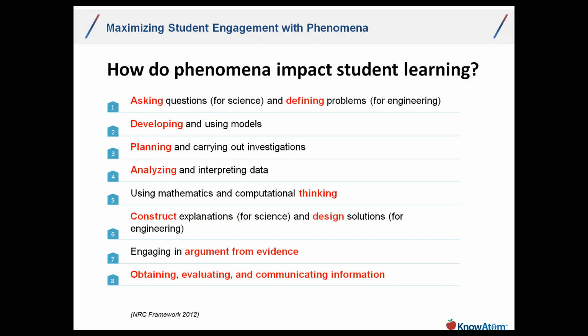Now, I'm going to go through this in more granularity in a second, but those science and engineering practices are one of the key areas that teachers who are used to a traditional model of instruction, delivering content, struggle with. A lot of people will say these practices are required of the student. It's not that you're requiring it of the student by saying, do this. It's really not the right way to do it.